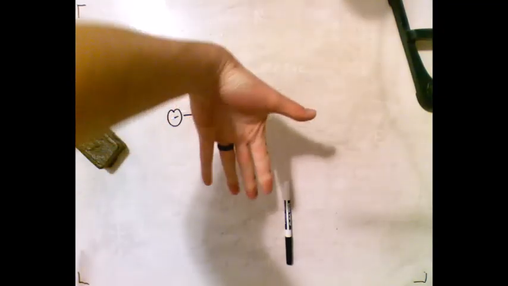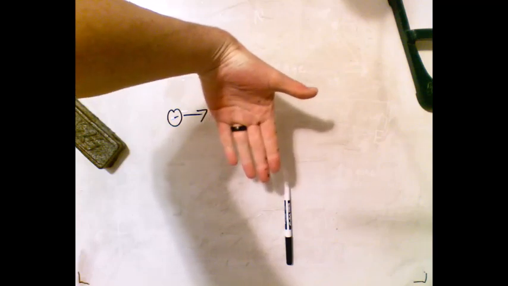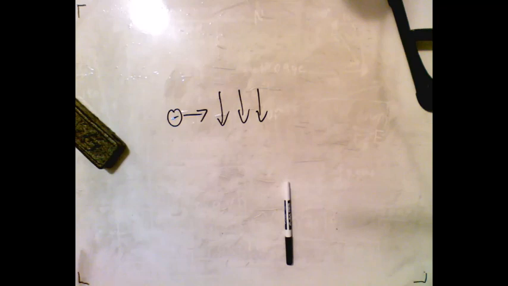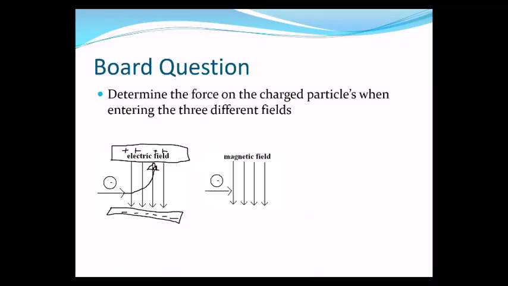I want to make my fingers go down. So you can see that my palm is out of the page. So my force for this one would be, we could draw a little dot for it. So that's a dot, and that's out of page.